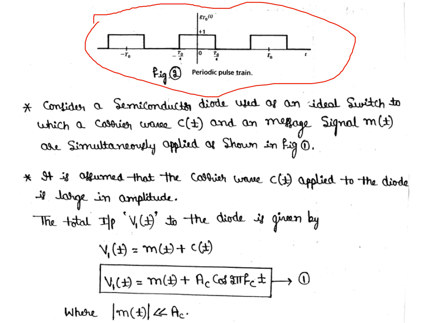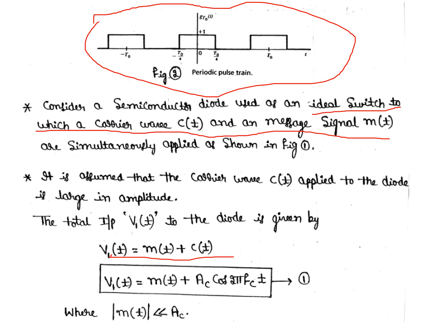Consider a semiconductor diode, part of the diagram, used as an ideal switch, where the carrier wave c(t) and message signal m(t) are applied to the circuit simultaneously. You can understand V1(t) is equal to m(t) plus c(t). Both m(t) and c(t) are connected to the input simultaneously, so we are adding those two signals.